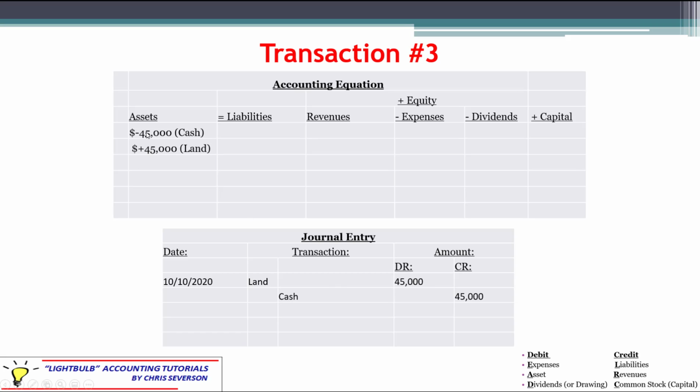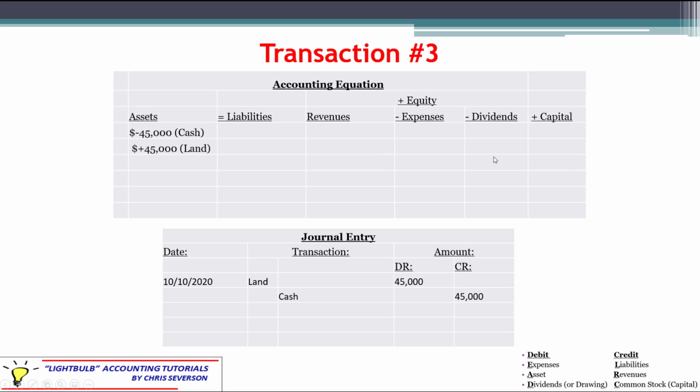So what we're going to see here for the first time are two transactions that offset each other. They're both under the asset side. One is a subtraction to assets for $45,000 for cash. The other is an addition for $45,000 to land. So there are no liabilities or equity accounts impacted because the asset change is net zero.